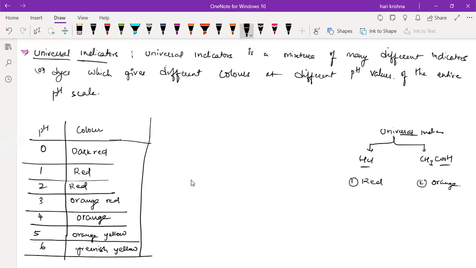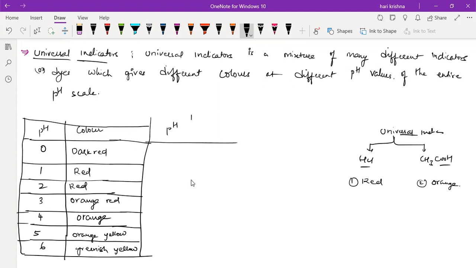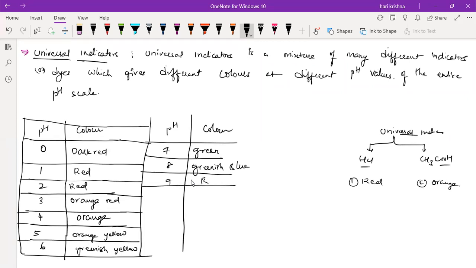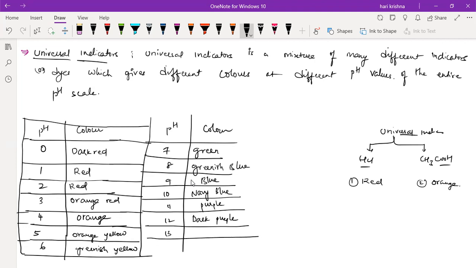So for the base also we will write. pH 7 is green. pH 8 is greenish blue. pH 9 is blue. pH 10 is navy blue. pH 11 is purple. pH 12 is dark purple. pH 13 is violet.